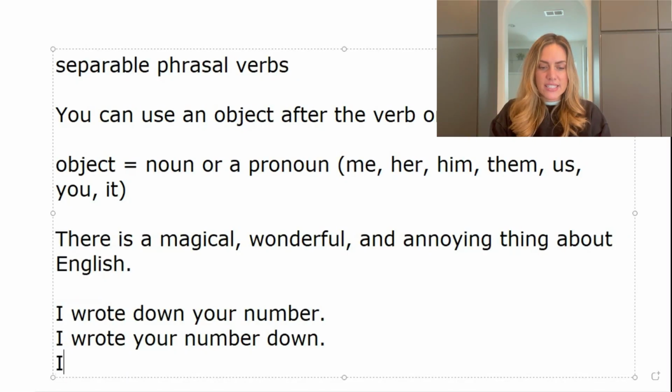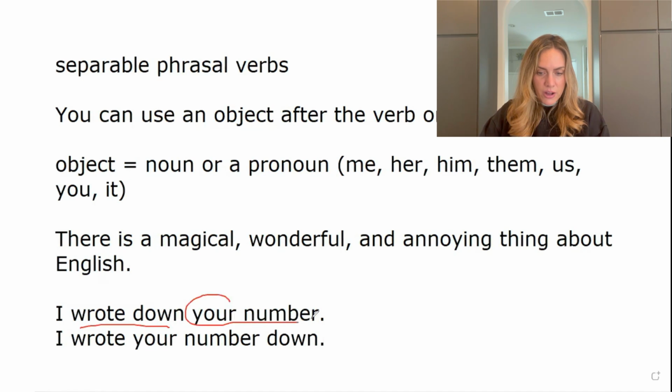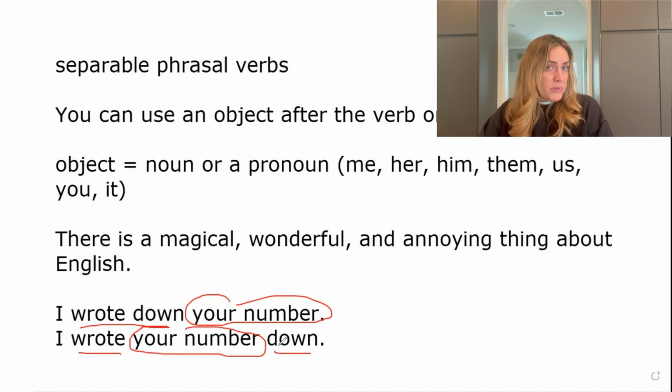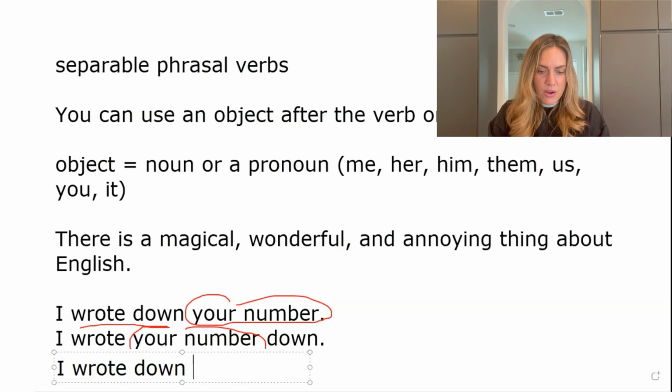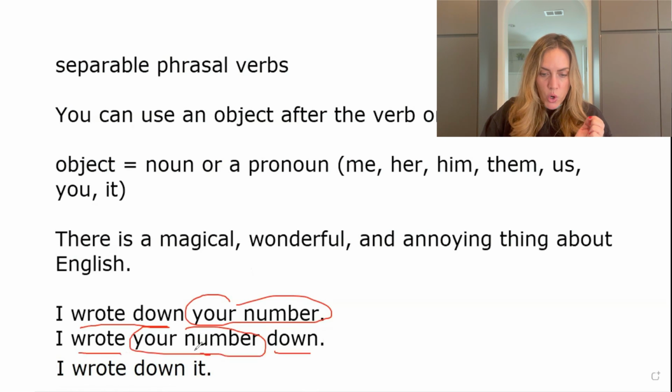Now, I can say either of these. I wrote down your number, wrote down object, wrote object down. Beautiful, okay? But what I cannot do is use the pronoun: I wrote down it. I cannot turn that word number into a pronoun and then leave it after a phrasal verb.